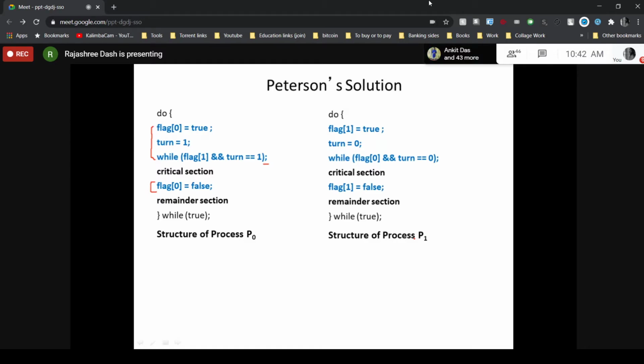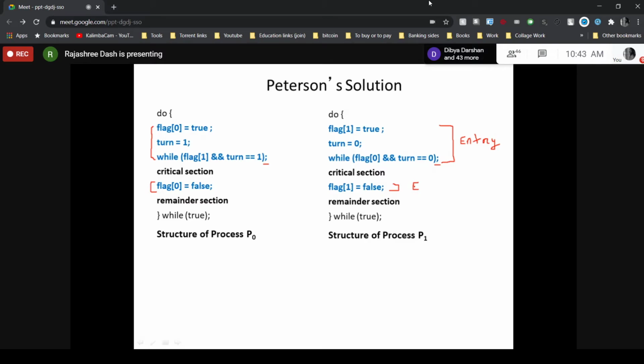Similarly, for process P1, these 3 lines are related to your entry section. Flag 1 is set to true, then it makes the turn value 0. After that, it will check the condition while flag 0 and turn equal to 0. There is a semicolon here, that means it will do nothing because the process P0 is in its critical section.